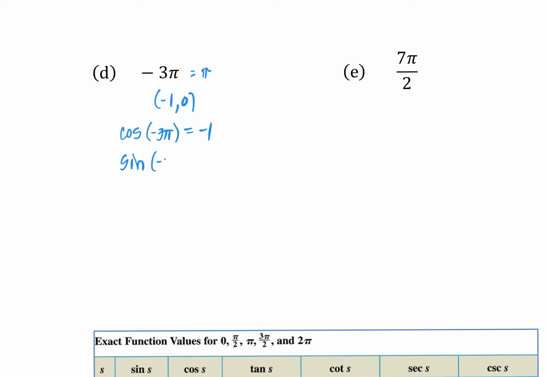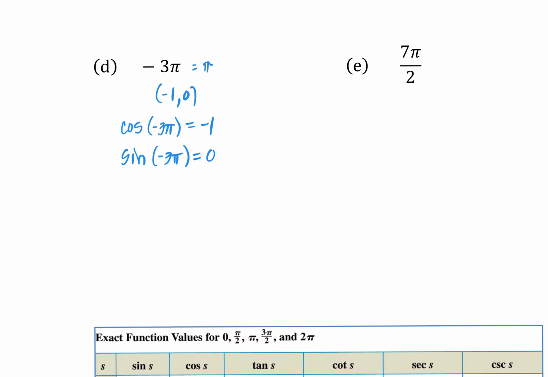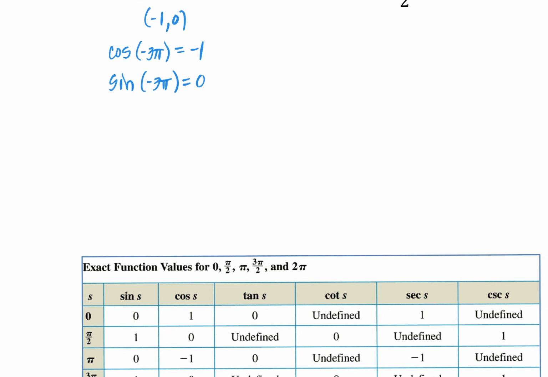And sine of negative 3 pi would be that y value of 0. So again, since it's a y value that's 0, that would correspond to the cotangent and cosecant. Cotangent of negative 3 pi and cosecant of negative 3 pi are going to be undefined, or DNE, does not exist.